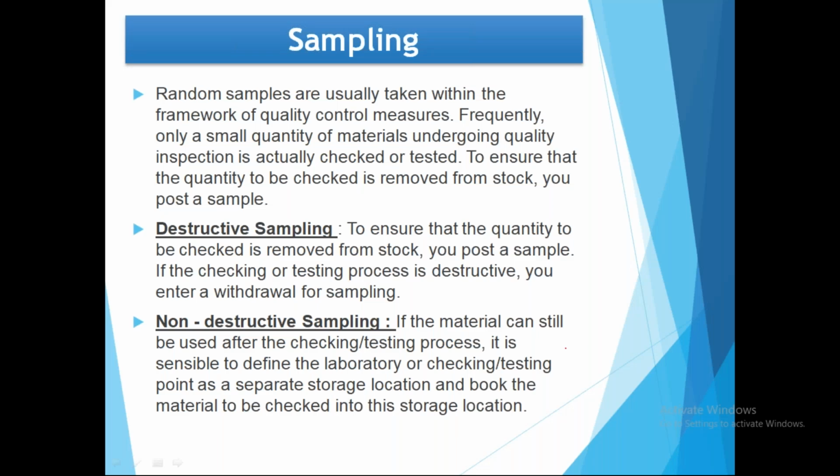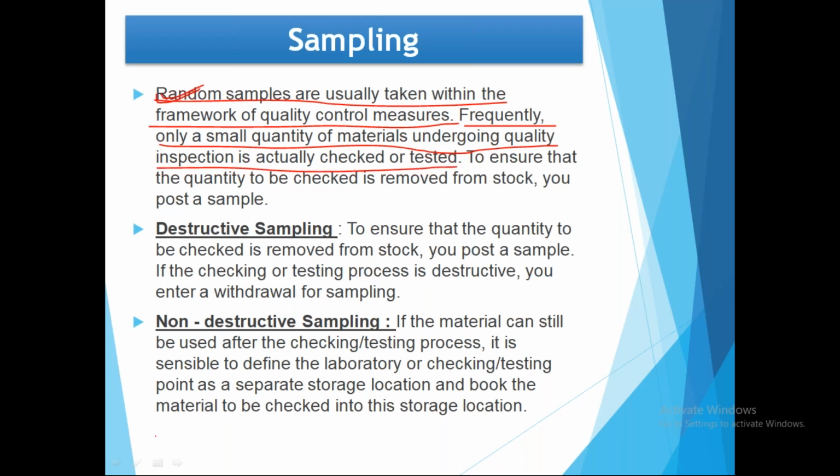Random samples are usually taken within the framework of quality control measures. In organizations there will be a quality control department. To do inspection of materials, they will take random samples. Frequently, only a small quantity of the materials undergoing quality inspection is actually checked or tested.